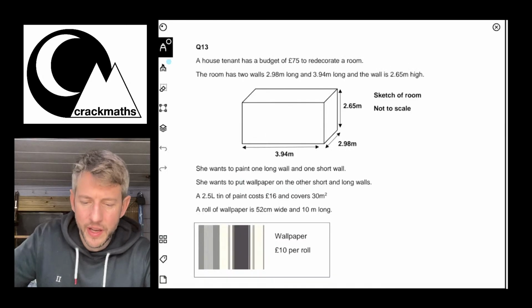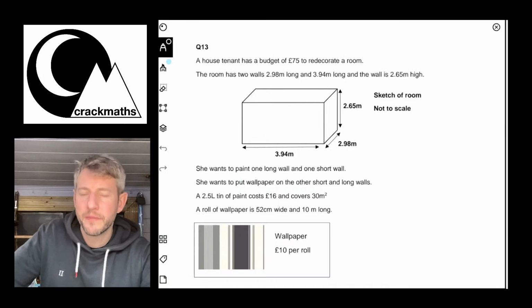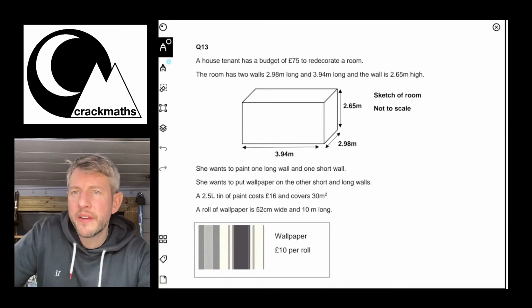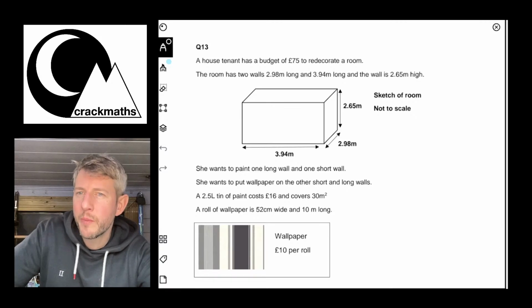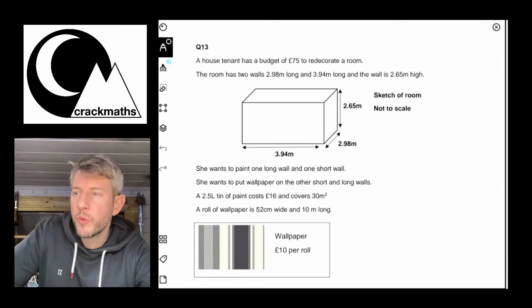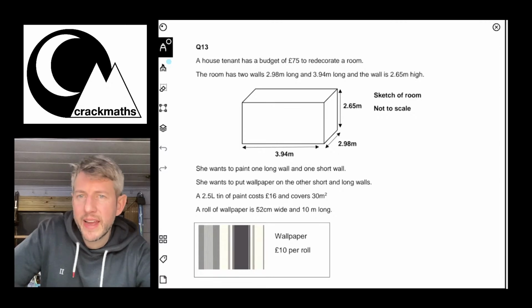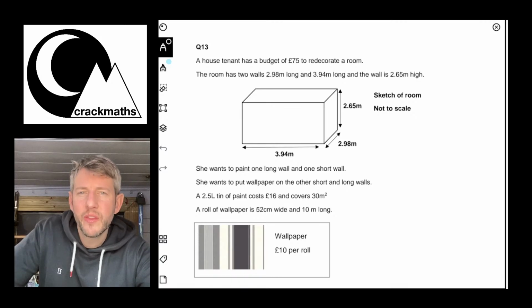Okay, so here we go. Question 13. A house tenant has a budget of £75 to redecorate a room. The room has 2 walls, 2.98 metres and 3.94 metres long, and the wall is 2.5 metres high. Okay, I can understand it from the box.